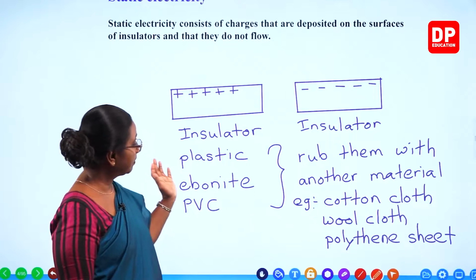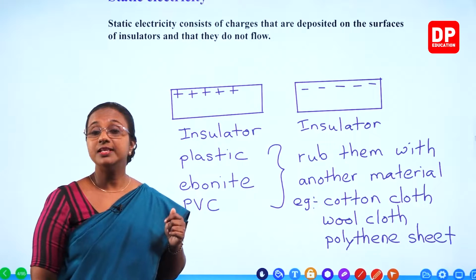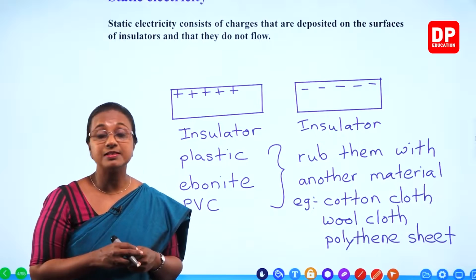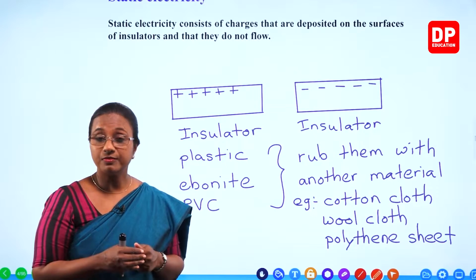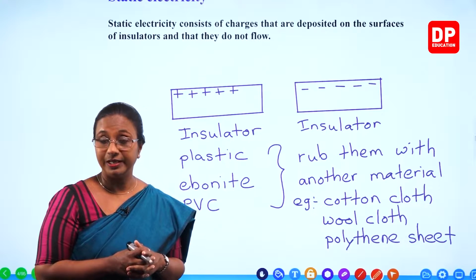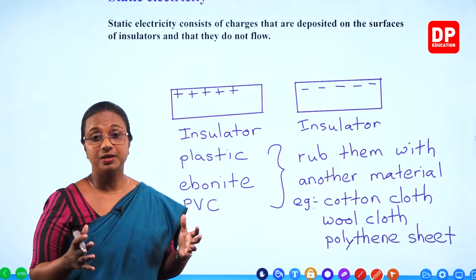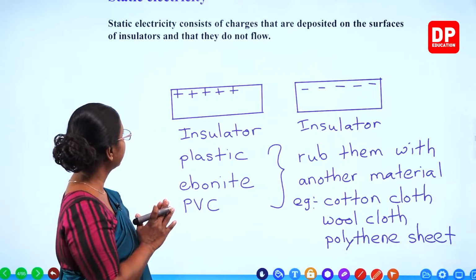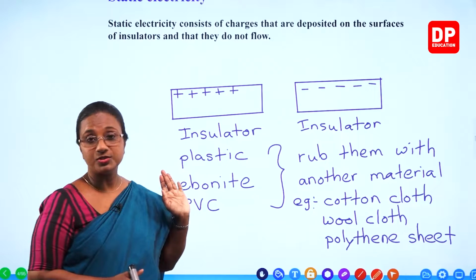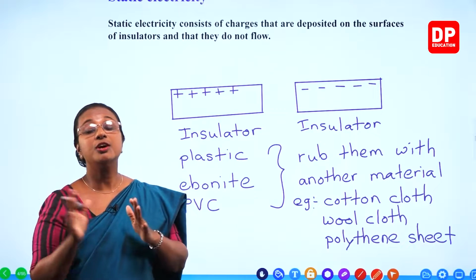So let's say you take plastic and you rub it nicely with a polythene sheet. Then, if you hold it near tiny pieces of paper, tiny pieces of thermocol or even dust particles, they will get attracted to it. That shows that static electricity is produced. So when we say static electricity, there should be an insulator and there is charge deposited on the surface of this insulator and the charge does not flow.